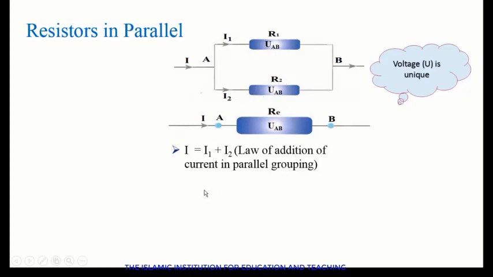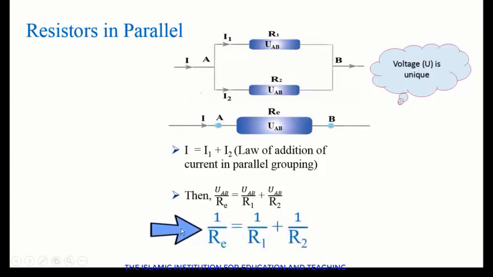If we replace I by U over R using Ohm's law, we will get, instead of I, which is I main, UAB over R equivalent, and instead of I1, we will write UAB over R1, and instead of I2, we will write UAB over R2. Since U is unique, we will divide by UAB to get the following formula, which is 1 over RE equals 1 over R1 plus 1 over R2.